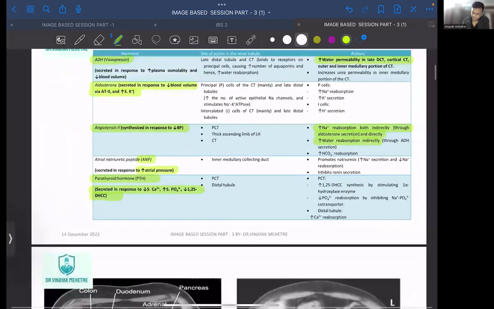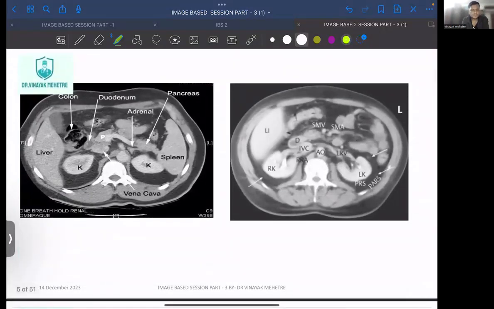You should remember it. Now comes the most famous images. This is marked, but you are going to get an unmarked image. Just remember, whenever you get a CT image, look at the vertebra first. Just near the vertebra is the abdominal aorta.